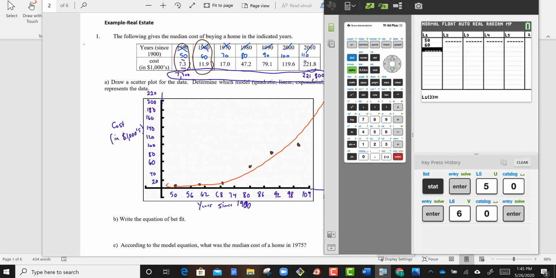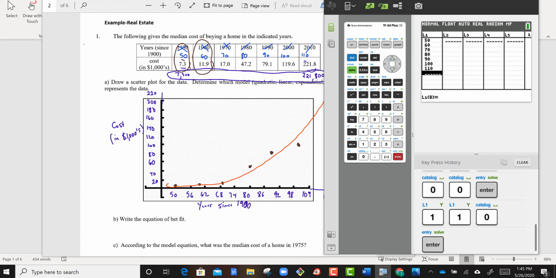Every time you type in an x value, hit enter until you get all the x values in L1. All right, so all my x values are in there. Then I'm going to go to L2 and do the same thing and type in my y values. Just watch for typos. It's really, really easy to make a small mistake when you type these in. So all the data points are in L1 and L2.